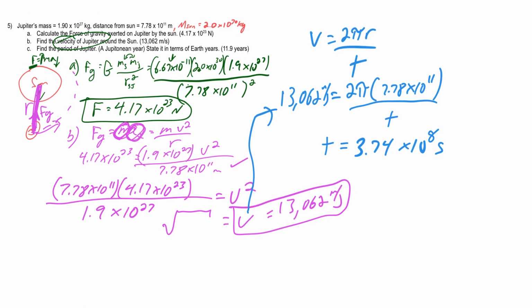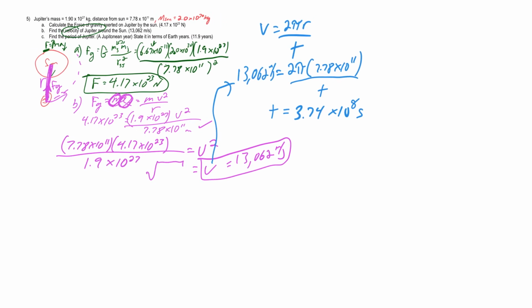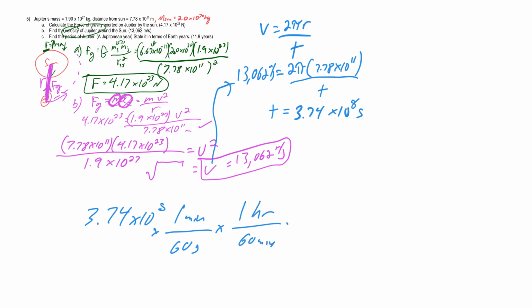If we want to convert that to Earth years, we'll just do a little dimensional analysis here. So let's convert that to Earth years. So let's do it down here. 3.74 times 10 to the 8 seconds. So remember, we have 60 seconds in 1 minute. We have 60 minutes in 1 hour.